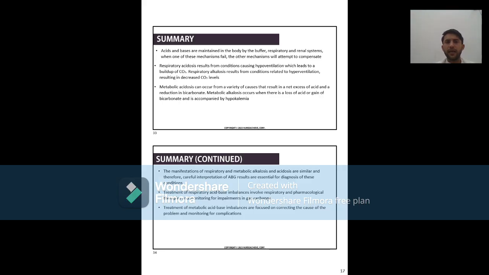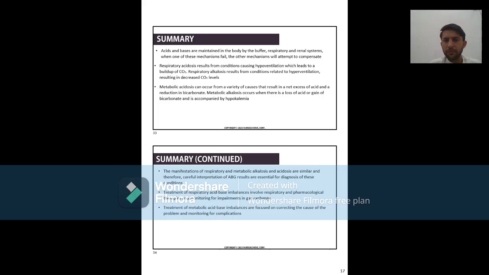Metabolic acidosis can occur from a variety of conditions that result in a net excess of acid or reduction in bicarbonate. Metabolic alkalosis occurs when there is a loss of acid or gain of bicarbonate and is accompanied by hypokalemia.